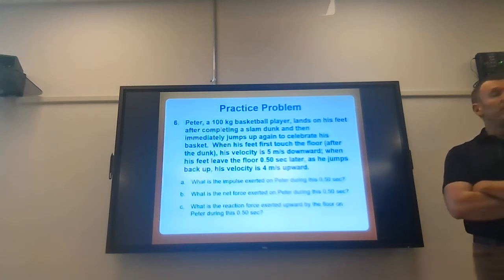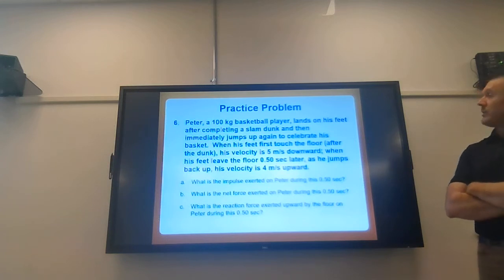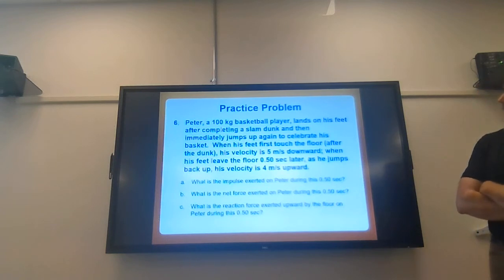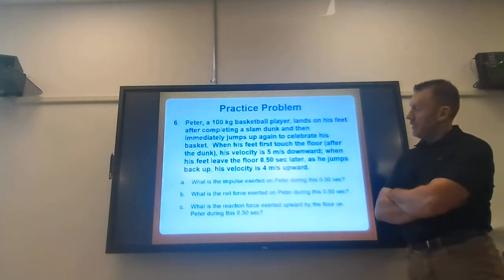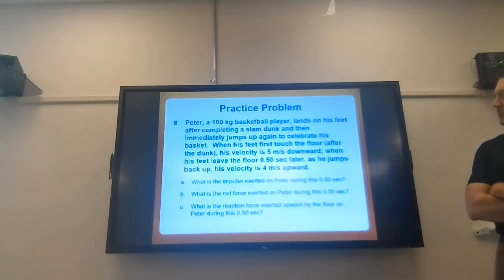So that's important because velocity is a vector, so we need to know what the direction is. When his feet leave the floor 0.5 seconds later, as he jumps back up, his velocity is 4 meters per second upward. So what is the impulse exerted on Peter during this 0.5 seconds?